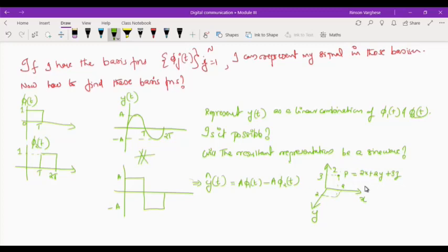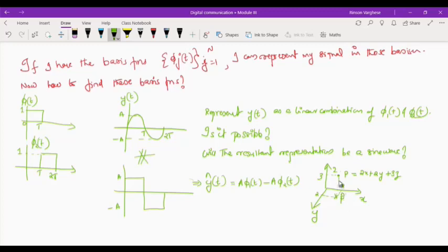Now you are asked to represent this point in 2 dimensions. That is, you don't have the third basis z, but the point falls here, and you are restricted to use only these two bases, x and y. Can you represent this point exactly? No. By x and y you can represent only this point, p dash or p cap.